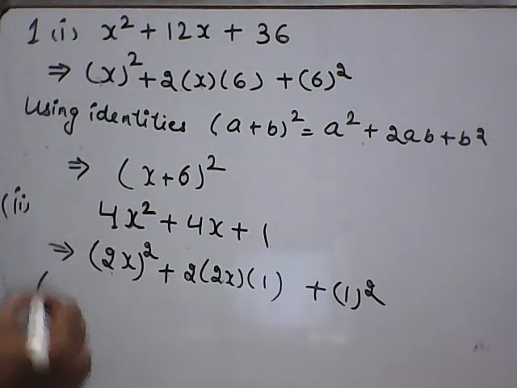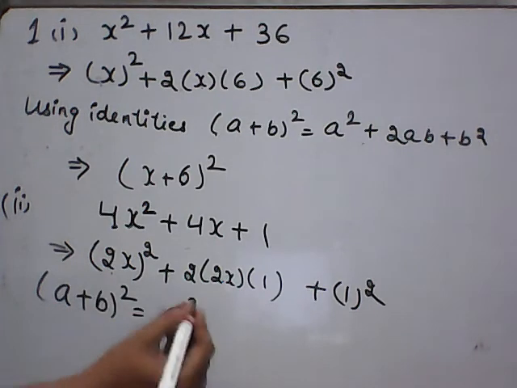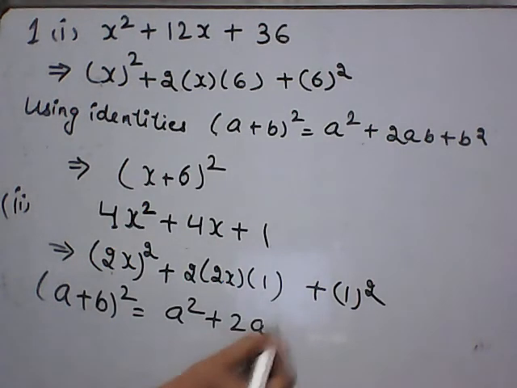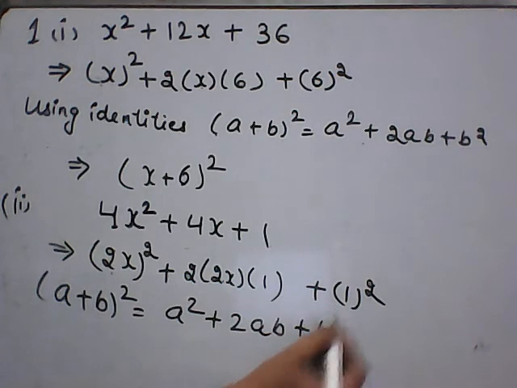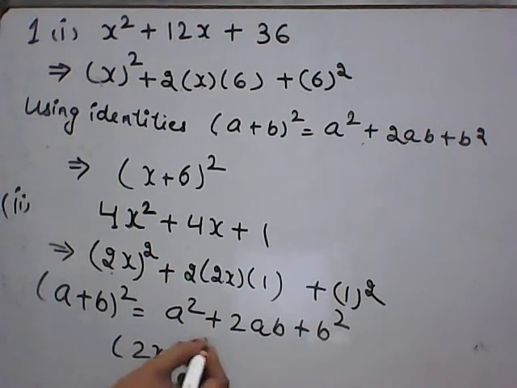So here (a plus b) whole square equals a square plus 2ab plus b square. It fits into the first identity. So we can write it in the form (2x plus 1) whole square, (a plus b) whole square. In this way you can solve this type of questions by using identities. Let's move to the next part.